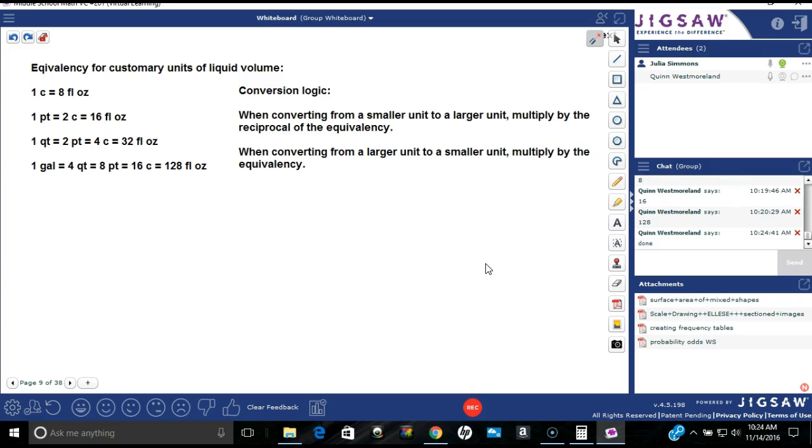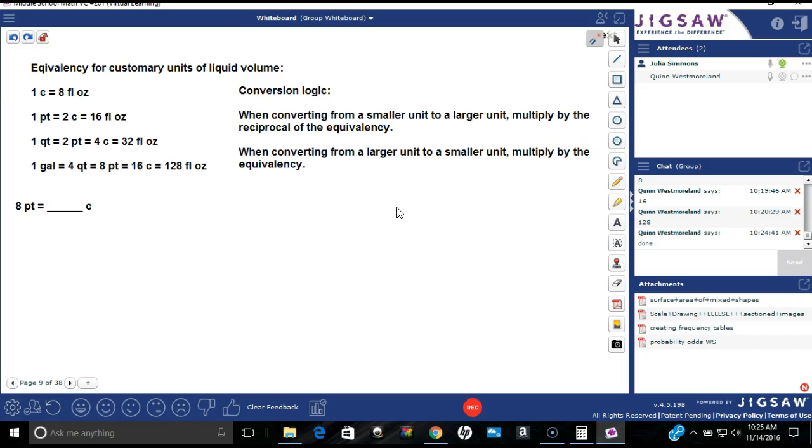Okay. All right, so if we take this and we do some conversions and apply the logic, how many cups are there in 8 pints?